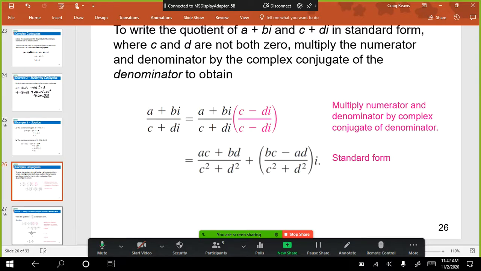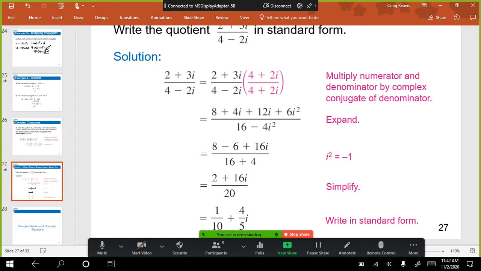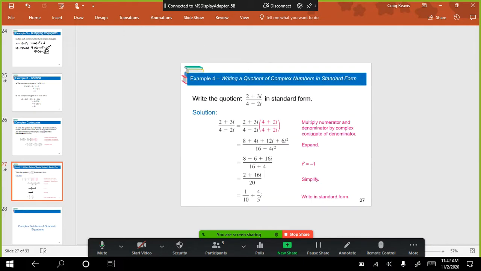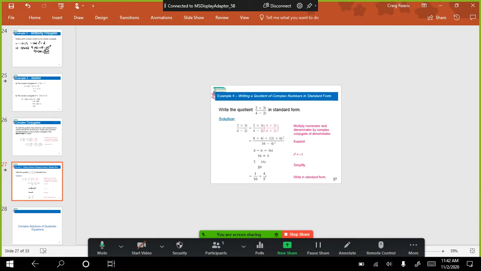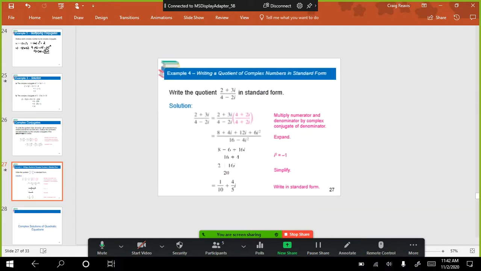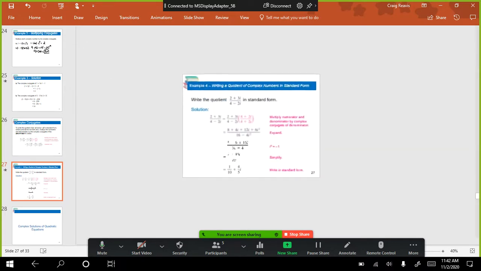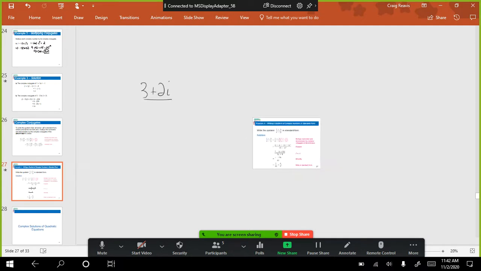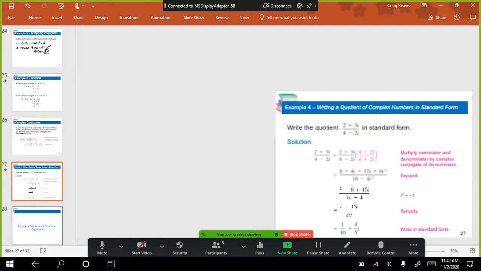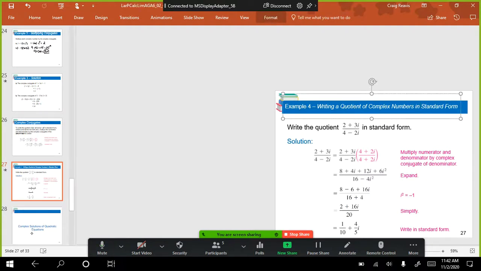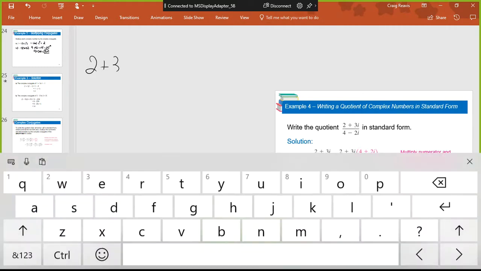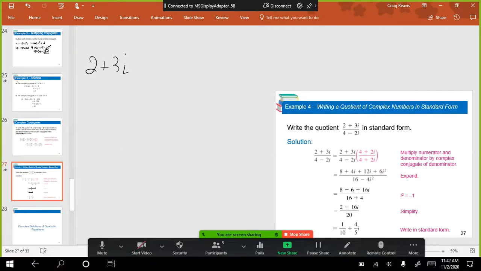So let's look at an example here. I'm going to shrink that down and write it over here. 2 plus 3i over 4 minus 2i.